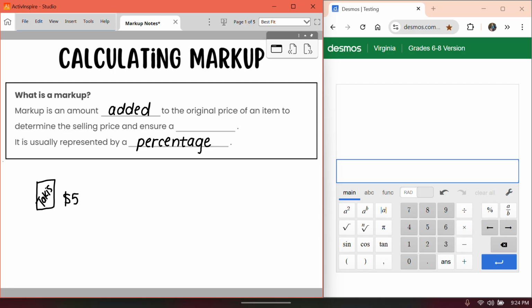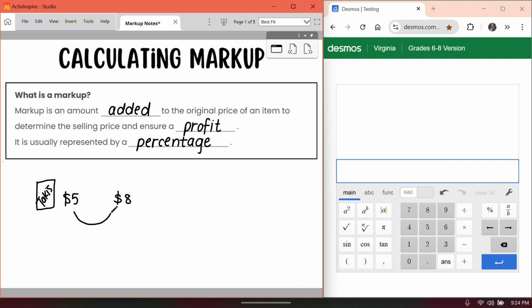You are going to sell the Takis to your friend, and you're going to sell it so that you make a profit. All right? So when you sell the Takis to your friend, maybe you sell it for $6 or $7 or $8.